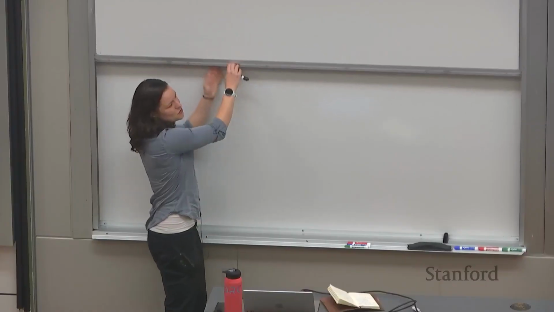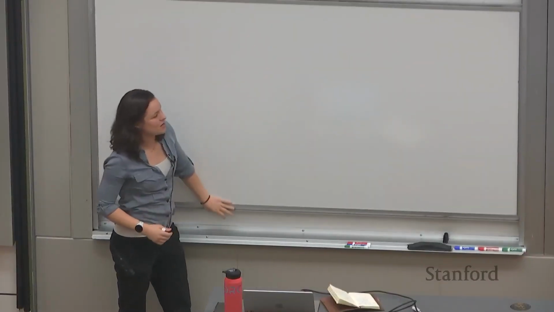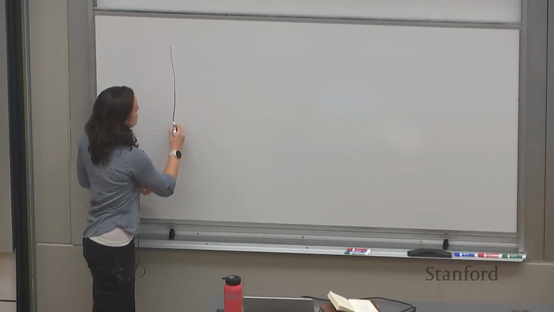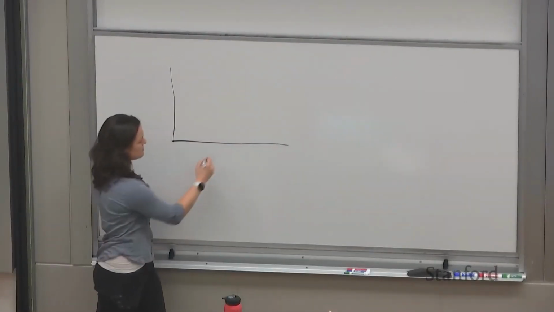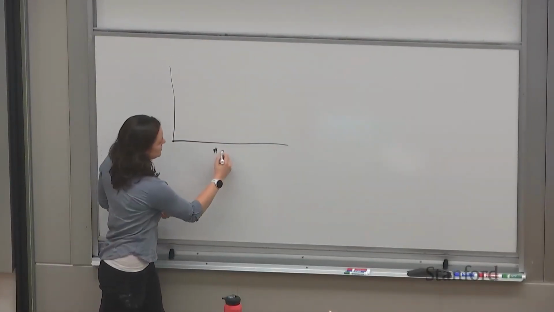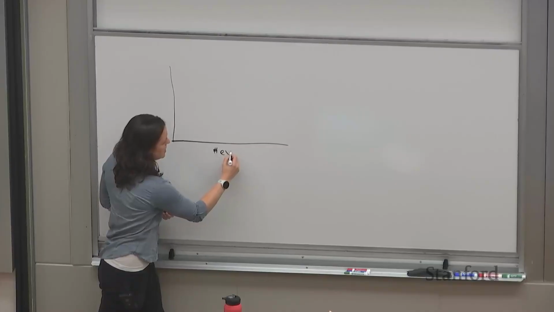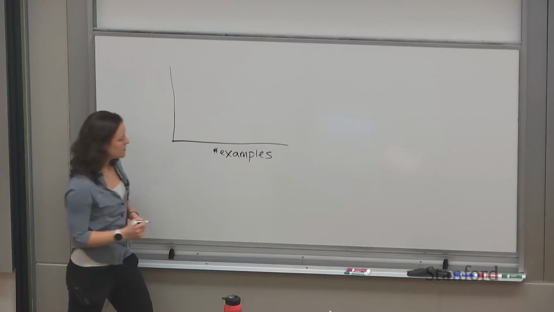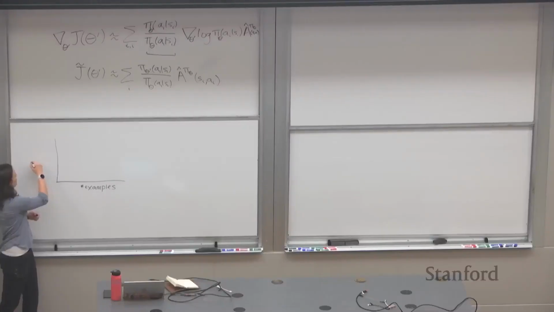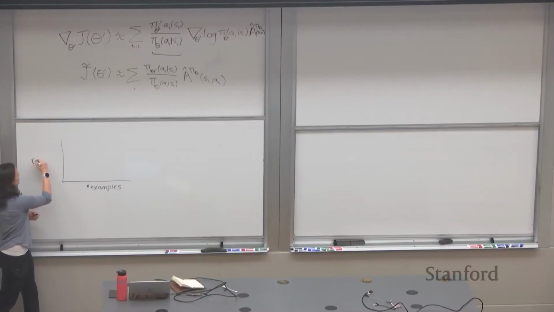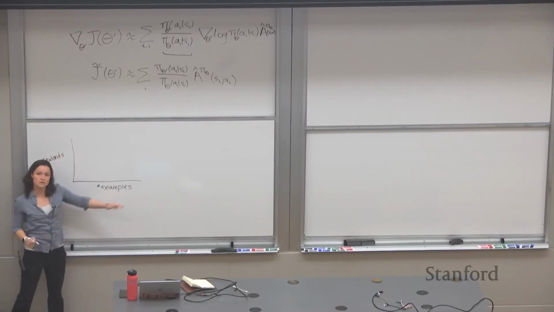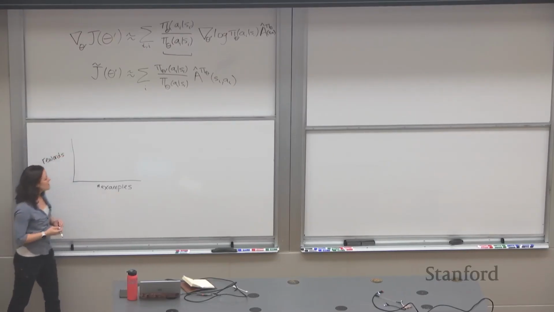As a rough visual for what this might look like, let's say this is the number of state-action examples that you've collected, and the y-axis is the rewards that your policy is seeing over the course of learning as it collects more data.